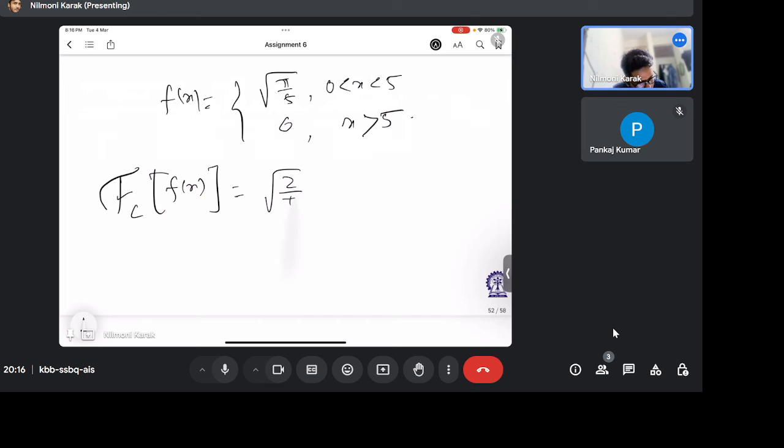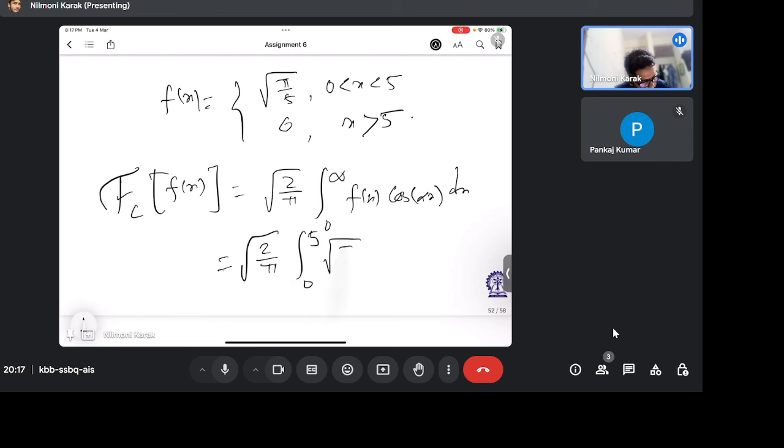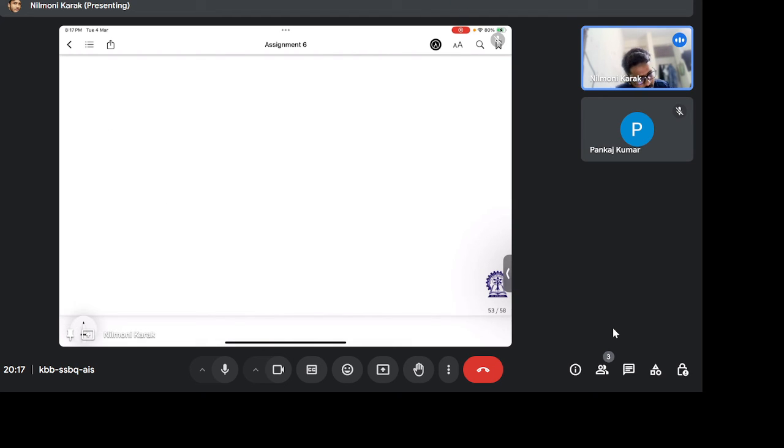So root 2 by pi, integral 0 to infinity of f(x) cos alpha x dx, which is root 2 by pi, integral 0 to 5 of root pi by 5 cos alpha x dx. Very simple. Root pi by 5 is your constant, so you have to integrate.